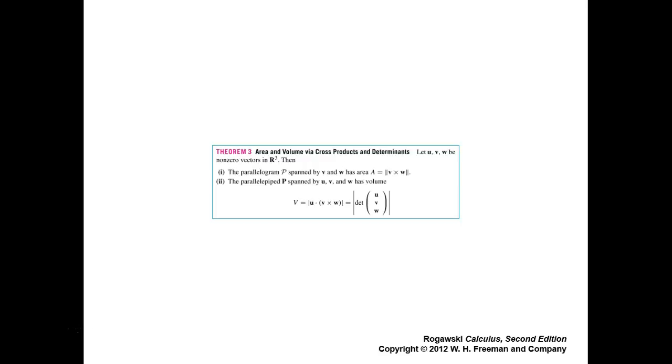Trying to see where this is in the text. This is at the bottom of page 587. Before you get there, no, sorry about that. Back up.